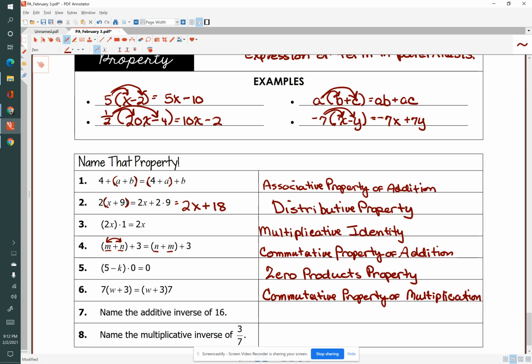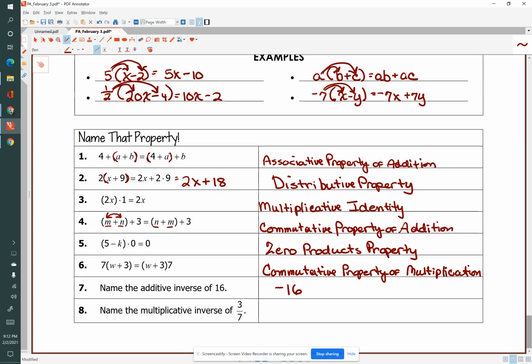In number 7, it says, name the additive inverse of 16. That would be its opposite, and that would be negative 16. And number 8 asks us to name the multiplicative inverse of 3/7, and that would be 7 divided by 3.